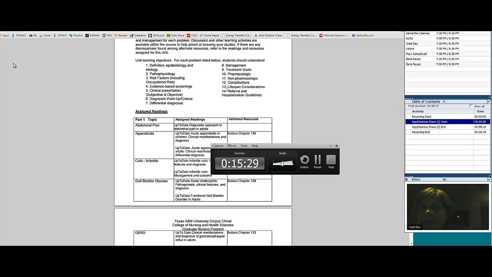But with appendicitis, if your most likely diagnosis in the differential is appendicitis, you're done at 7. Your management is send them out, right? And infantile colic, you can go all the way through. Gallbladder disease is kind of the same thing.